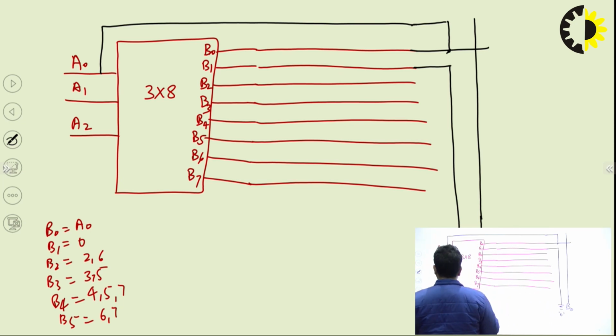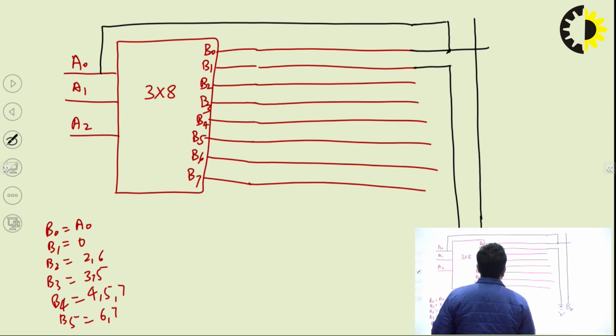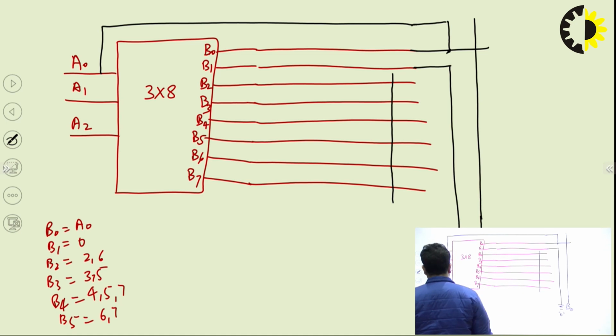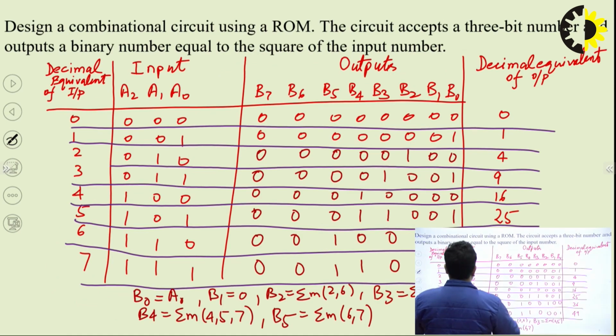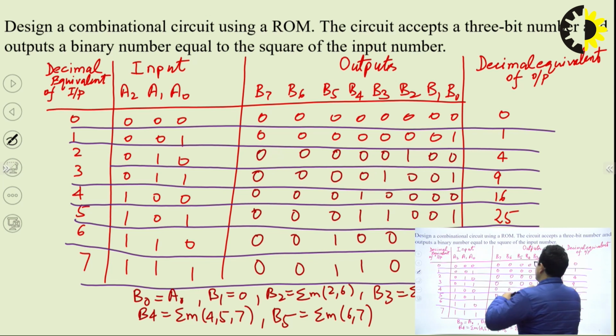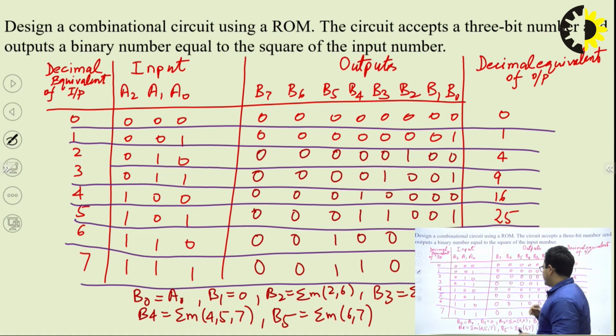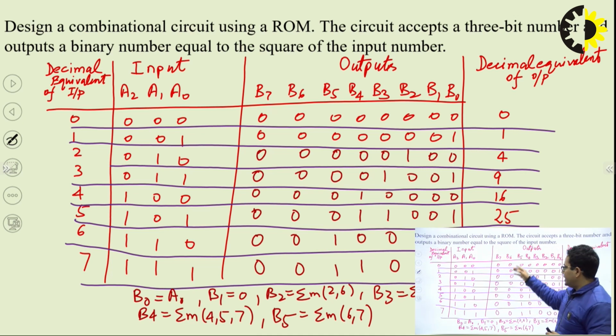And we are having B2, which is having 2 and 6 as minterms. So we will draw the OR gates. The concept is that the number of OR gates depends upon the number of outputs. So if you are taking B6 and B7 also as outputs, what is the number of OR gates that you will require? 8 OR gates will be required, but those OR gates will be continuously attached with B6 and B7, which are 0, which is grounded.